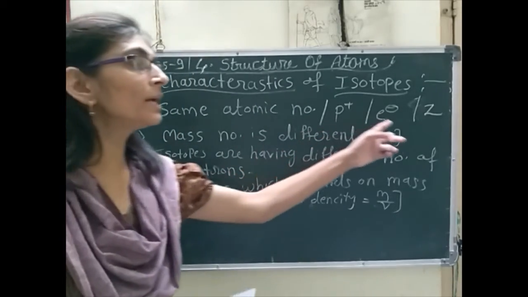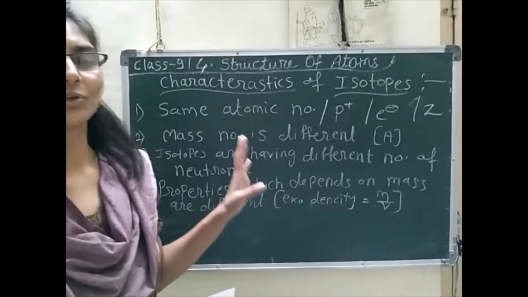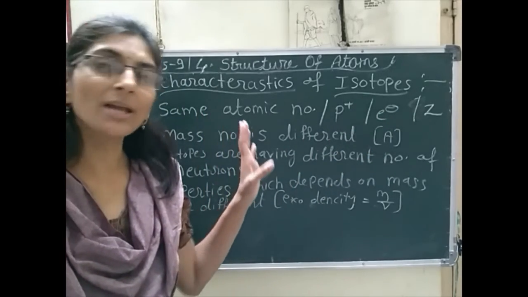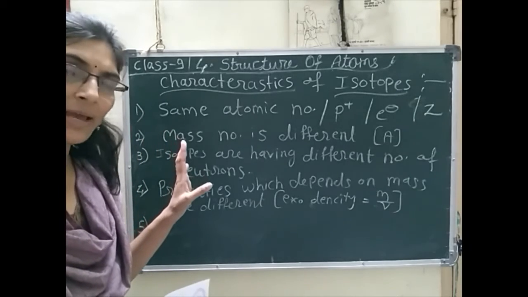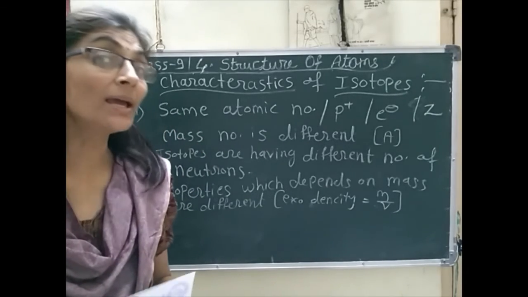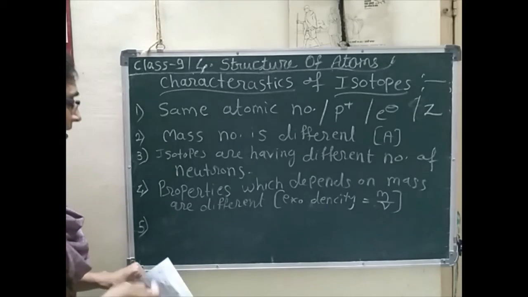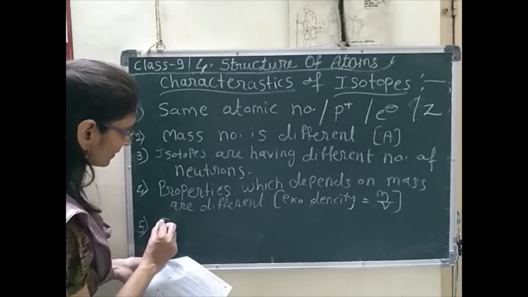If the atomic number is same, the electronic configuration should be same. If the electronic configuration is same, the chemical property should be same. So that is a very important property.